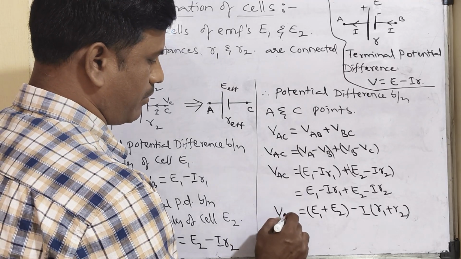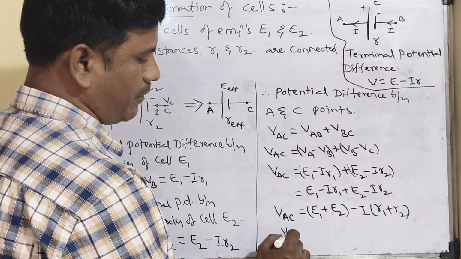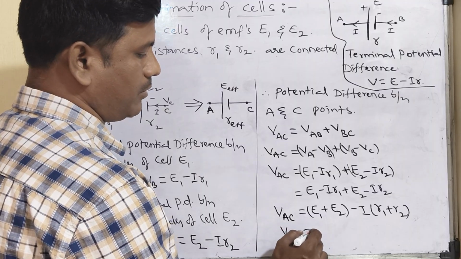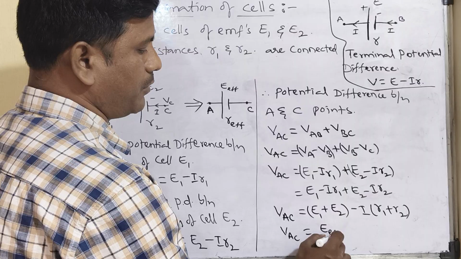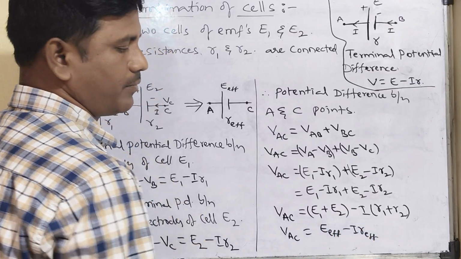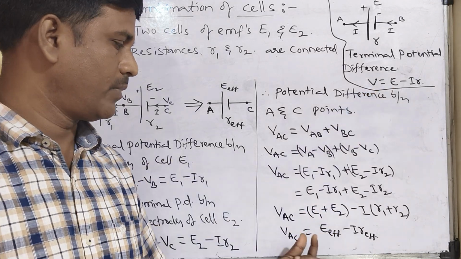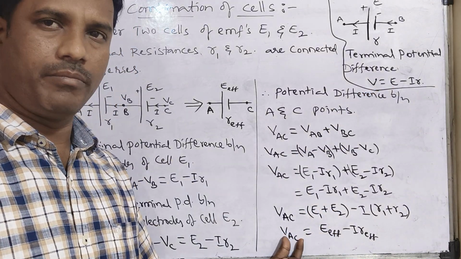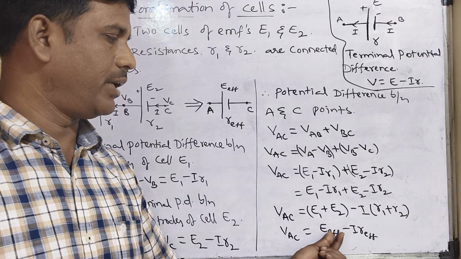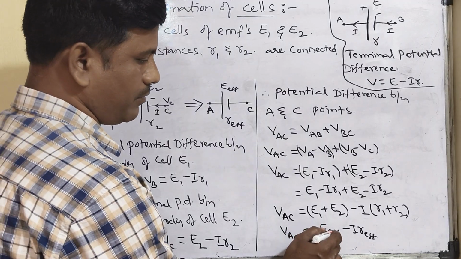Now compare it with the effective EMF and effective internal resistance form. VAC is equal to E effective minus I into R effective. The terminal potential between two points, VAC, equals effective EMF minus I into R effective. Compare these two.